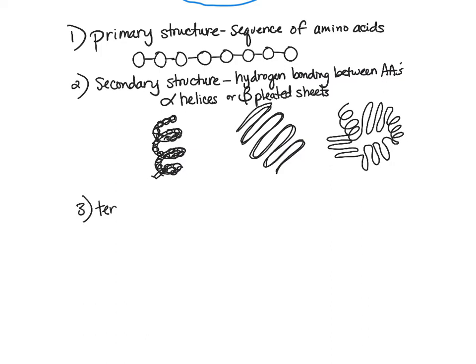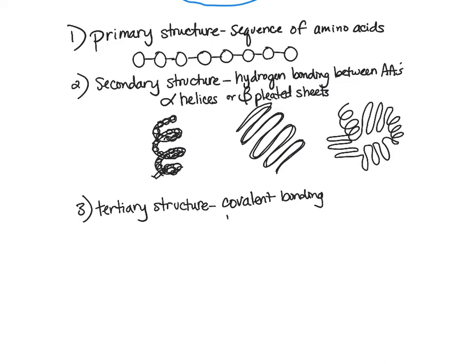Then we move on to our tertiary structure. And the tertiary structure is when we're really going to see these interactions with the side chains, so interactions with the different R groups. So we see the covalent bonding between the R groups.